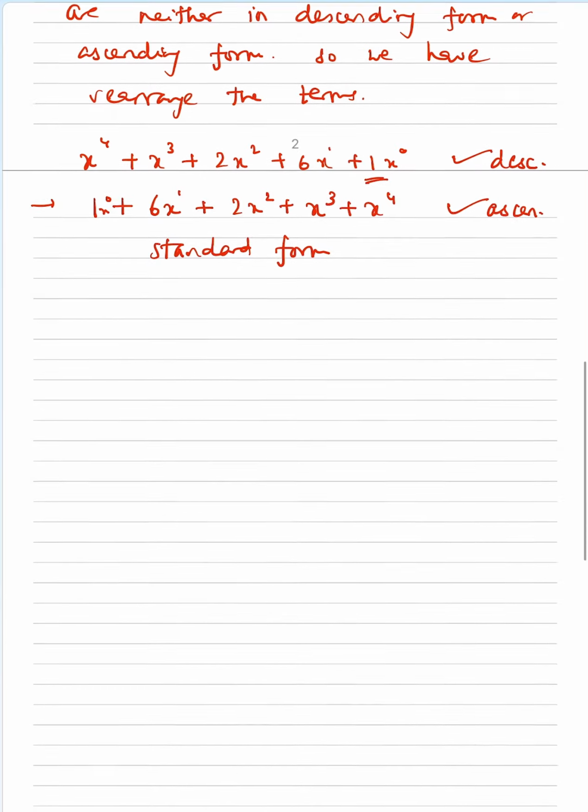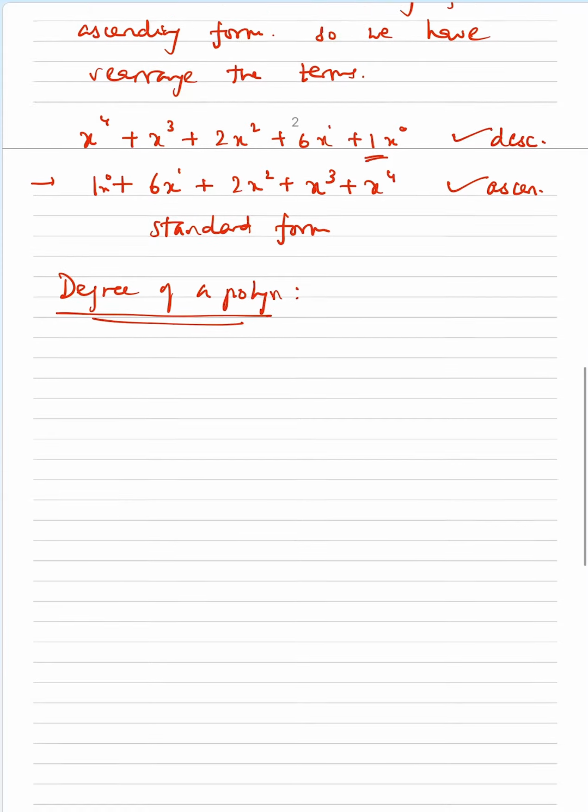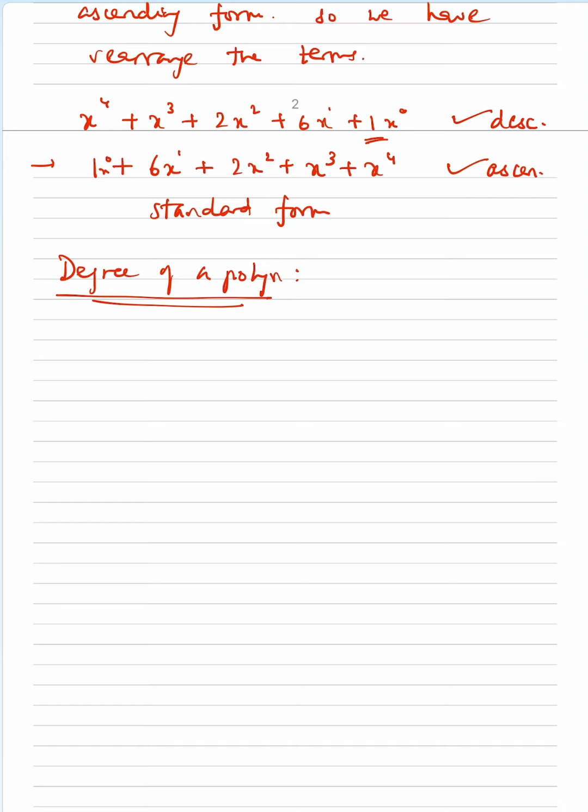Now we will learn about different types of polynomials. Today I will start with the constant polynomial, but before that we will write the definition of degree of a polynomial, and then we will learn about the constant polynomial. In the next lecture we will go ahead. Now see, the degree of a polynomial.